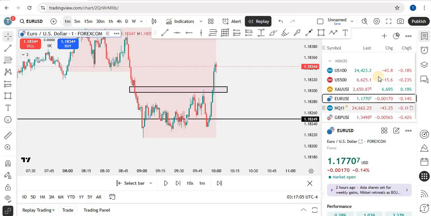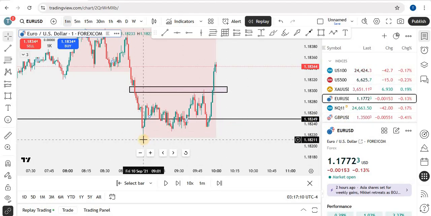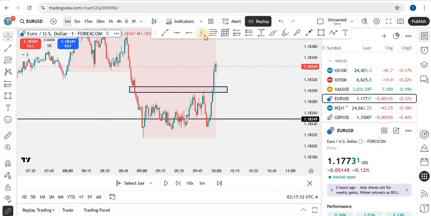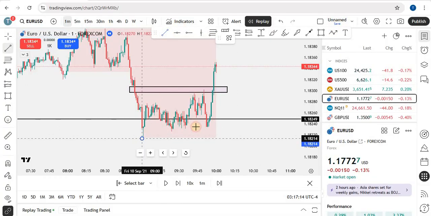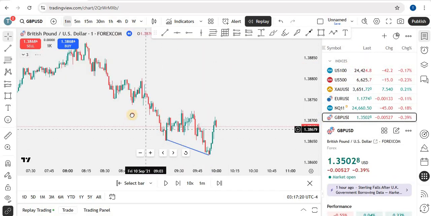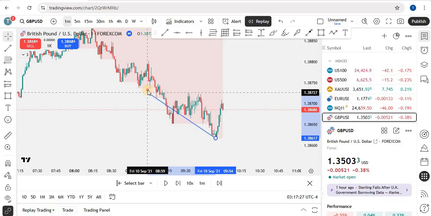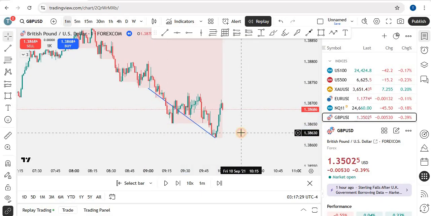Higher high, higher low in GBP USD. Okay, if you want to see 9 o'clock, from 9:01 to 9:54, you will see here 9 o'clock almost here, this one, this much, see.